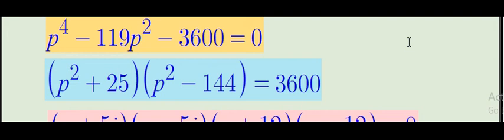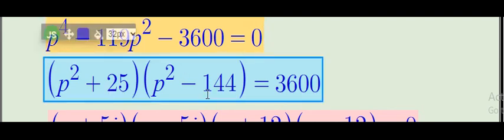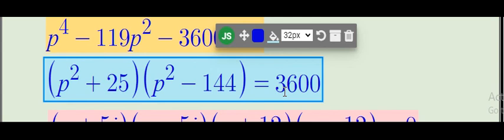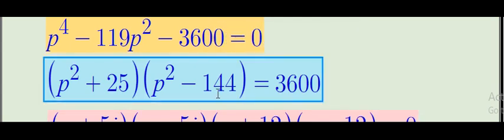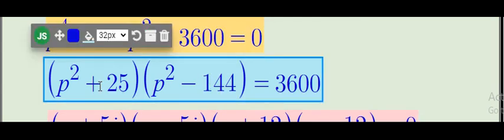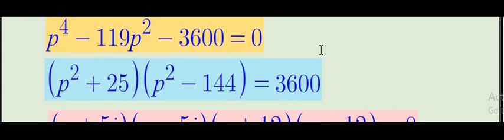So I kind of knew that the 5 and the 12 were involved there. So the 144 and the 25 were sitting there kind of obvious. And 144 times 25 is 3,600, right? And negative 144 plus 25 is the negative 119. So that's where those values came from.